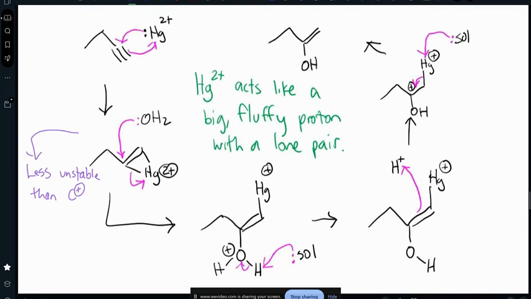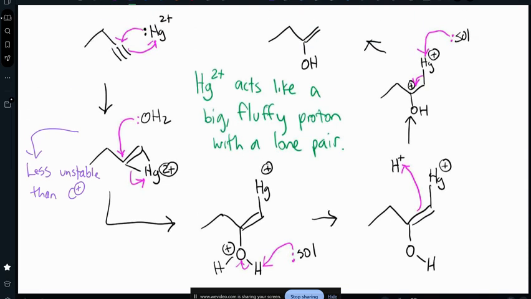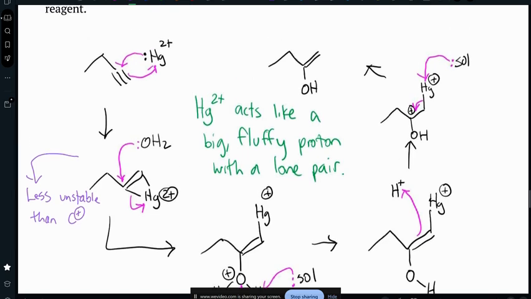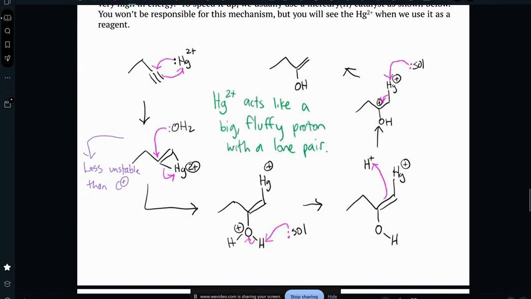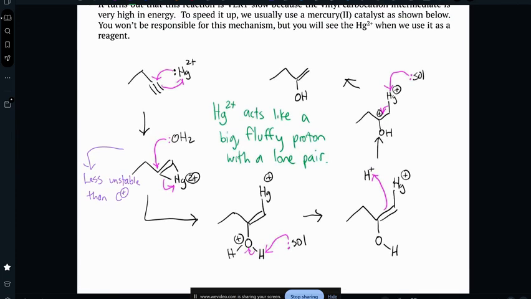And then there's these two steps to protonate the double bond and then remove the mercury 2 plus. These two steps definitely look strange. These are not required for you to know. But the idea is mercury 2 plus, because it goes through a less unstable intermediate, speeds it up.